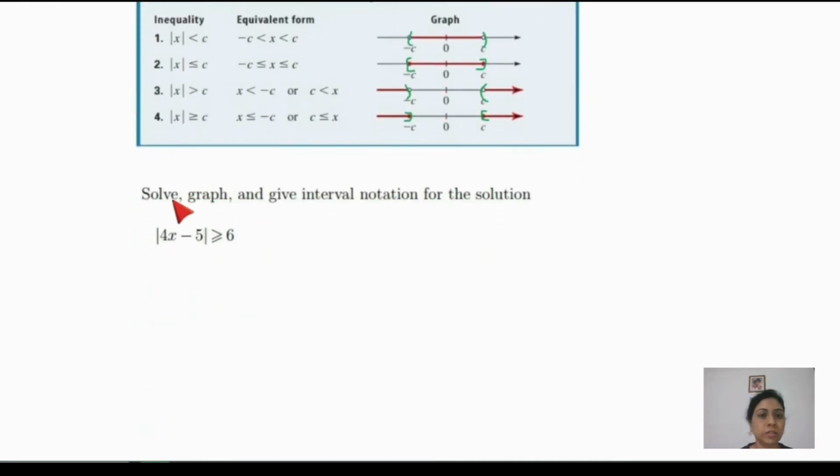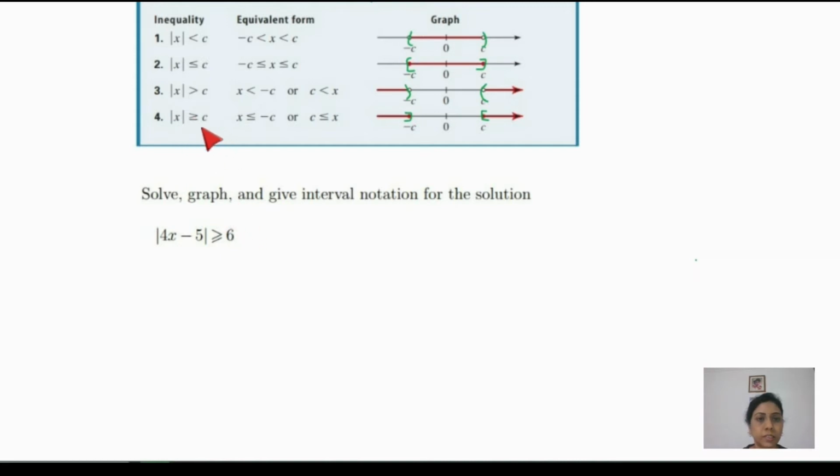So here is the question: solve, graph, and give interval notation for the solution. Here are four questions. So here is the first question: absolute value of 4x minus 5 is greater than or equal to 6. This is the fourth type of inequality, and here we use an or sentence because it is more than or equal to 6.